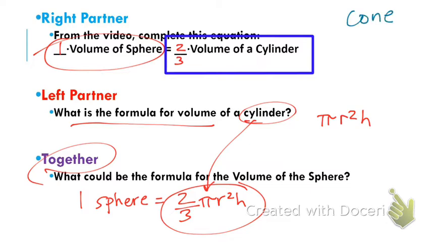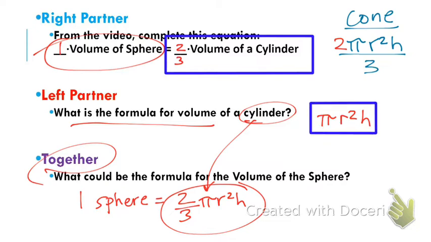The cone was pi r squared h over 3. So now the only thing that we're doing to get the sphere is we're just going to take that same cone formula and multiply it by 2.